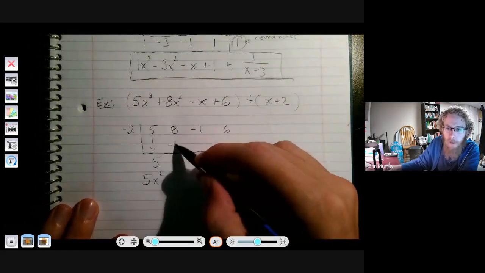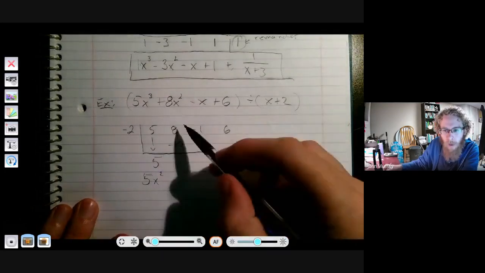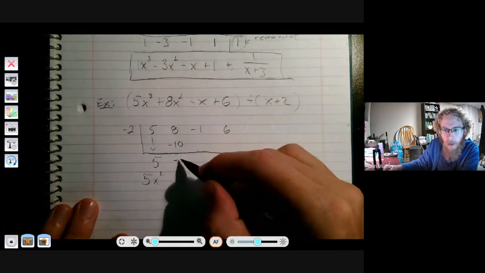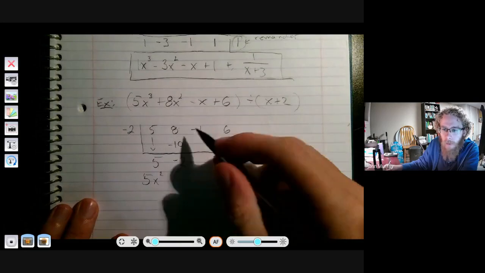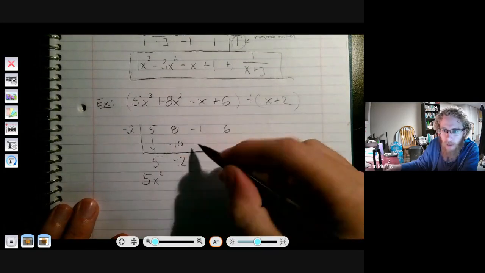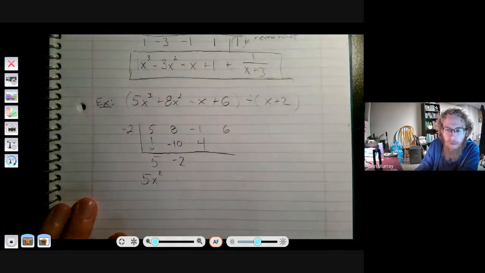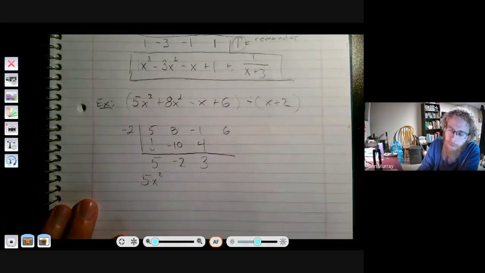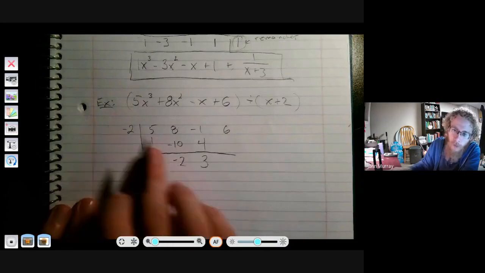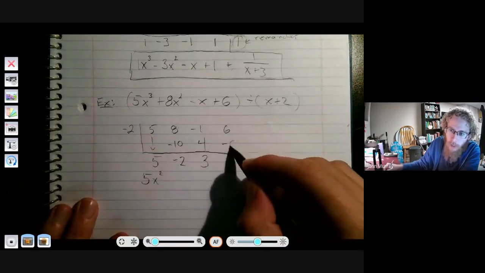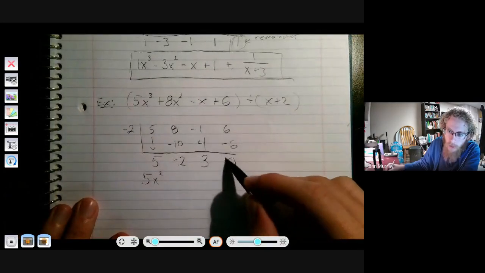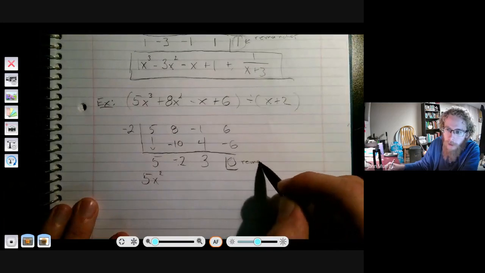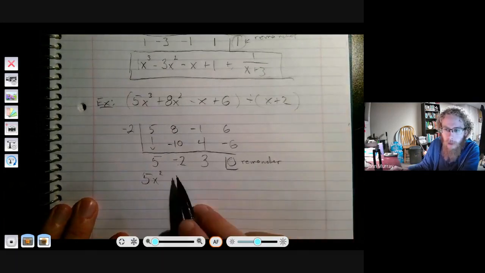All right, so that 5 gets brought down, so automatically, your first term is going to be 5x squared. 5 times -2 is -10. We add those together, we get -2. -2 times -2 is +4. Adding those together, we get a 3. -2 times 3 is -6. Well, that's looking nice. We have a remainder of 0.